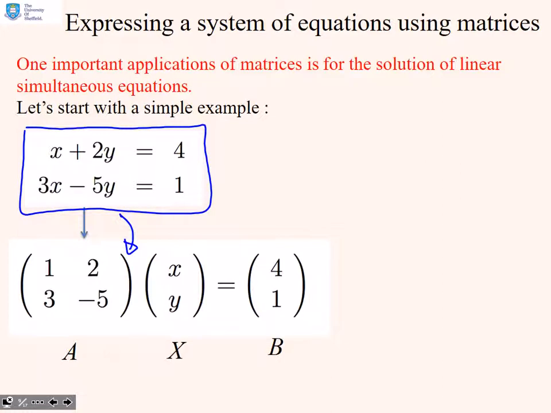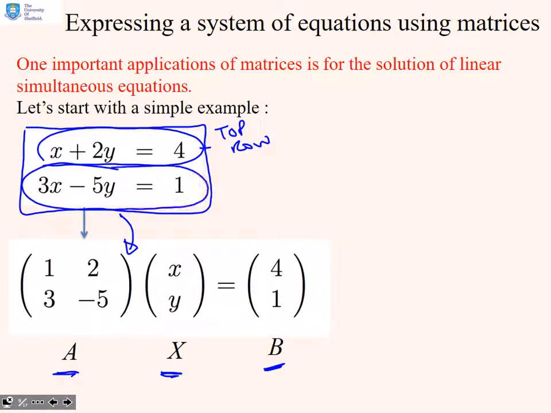So you'll see the matrix A times the matrix X equals the vector B. You'll see the top row corresponds to this first equation. So that's the top row of my matrix expression. And the 3x minus 5y equals 1 corresponds to the bottom row. So hopefully you know enough about how matrix multiplication works to see that that is self-evident.